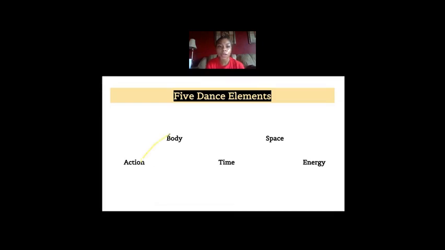So we go to body, we go from body to action, from action to time, from time to space, then from space to energy. There we go, and that's it.